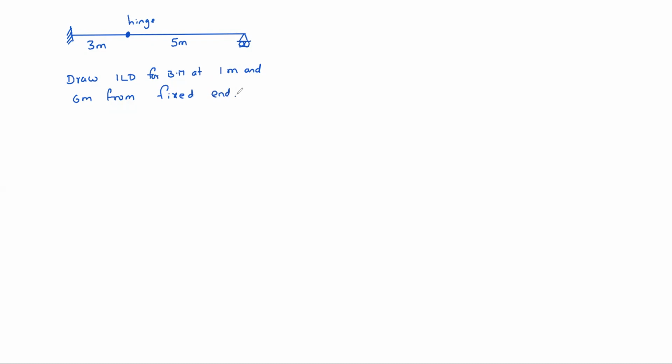Okay. So first draw double line diagram. This is the hinge, internal hinge, double line diagram. 3 meter, 5 meter.